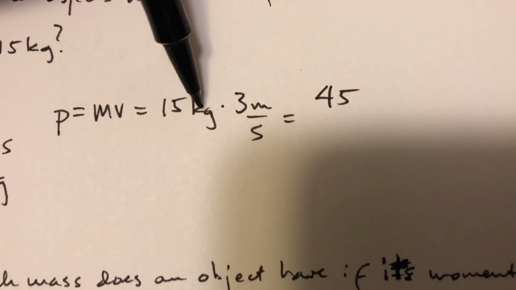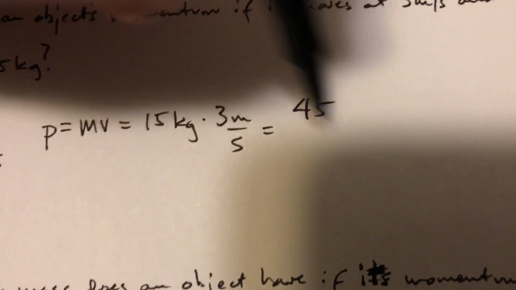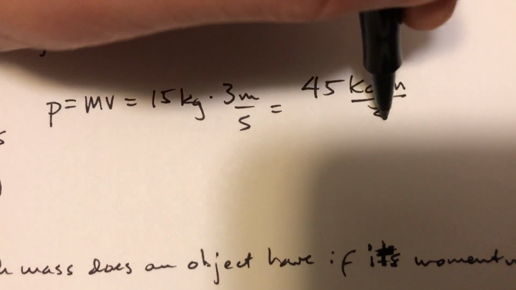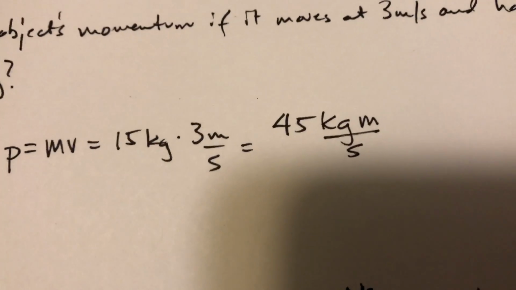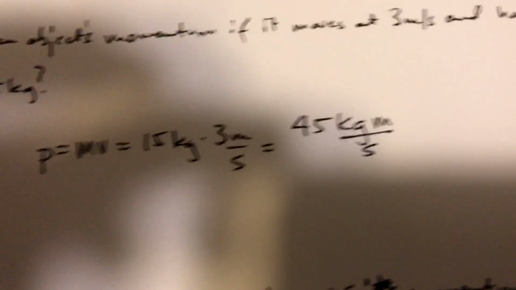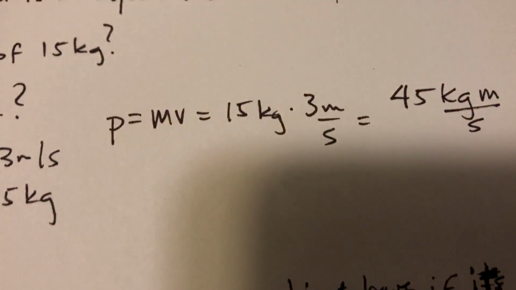And notice that none of these units cancel out. So they all have to come across the equal sign. And so I get kilogram meters per second for my units for momentum. That's kind of a hard unit to understand, but if you write down your units as you go, you know that they have to come across.